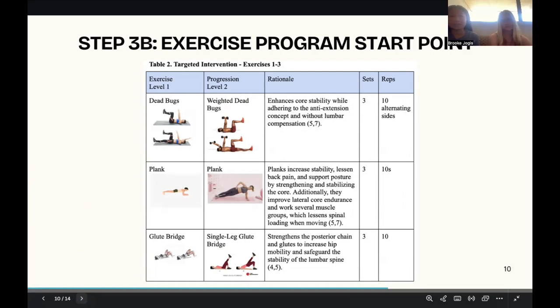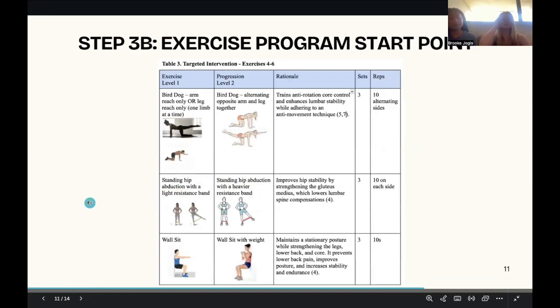The next one was plank, which strengthens the rectus abdominis, obliques, and scapular stabilizers, supporting posture, 3 sets of 10 seconds. And for the third one, we did glute bridge, which activates the glute maximus and hamstrings to enhance posterior chain strength, which was 3 sets of 10 on each side. Each exercise builds spinal stability and movement efficiency without excessive load.